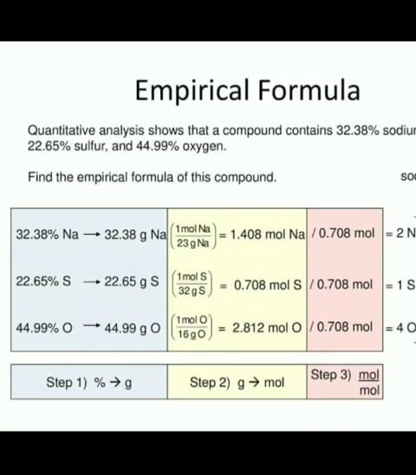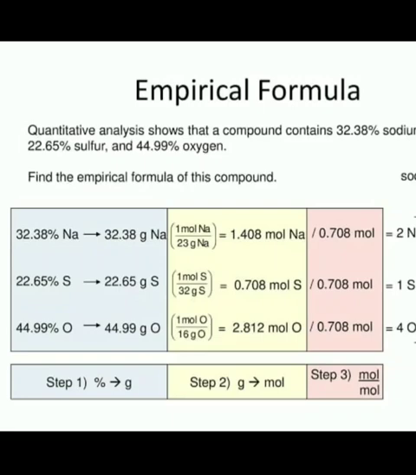That means 1.408 divided by 0.708, then 0.708 divided by 0.708, and 2.812 divided by 0.708. For sodium, 1.408 divided by 0.708 gives 2, and 0.708 by 0.708 equals 1, and oxygen, 2.812 divided by 0.708 equals 4. That means you get 2 sodium, 1 sulfur and 4 oxygen.